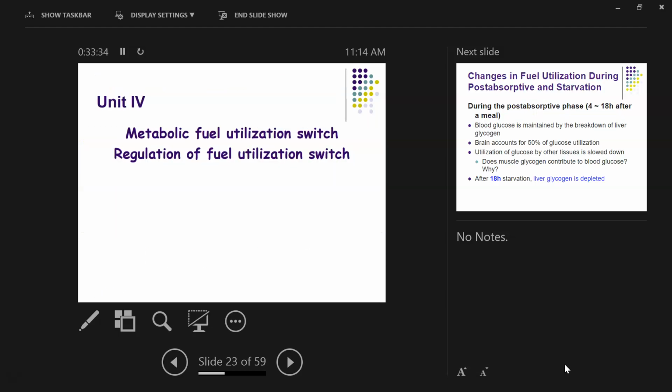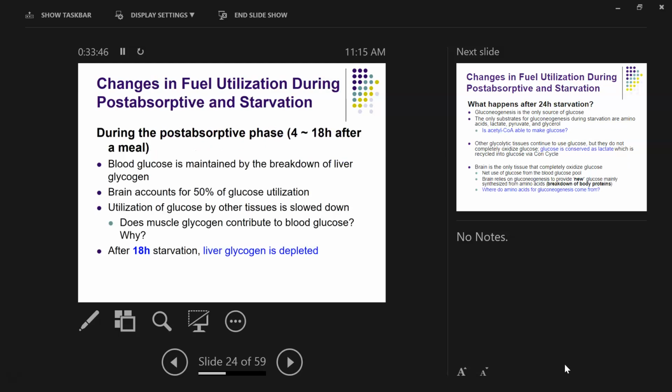Any questions? All right, now let's talk about the fuel utilization switch and regulation of the switch. So, changes in fuel utilization during the post-absorptive starvation stage, we already talked about it.